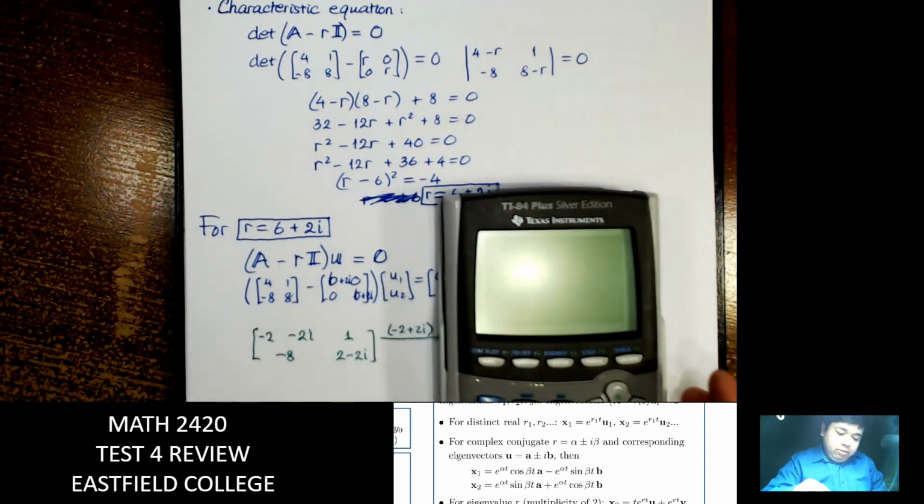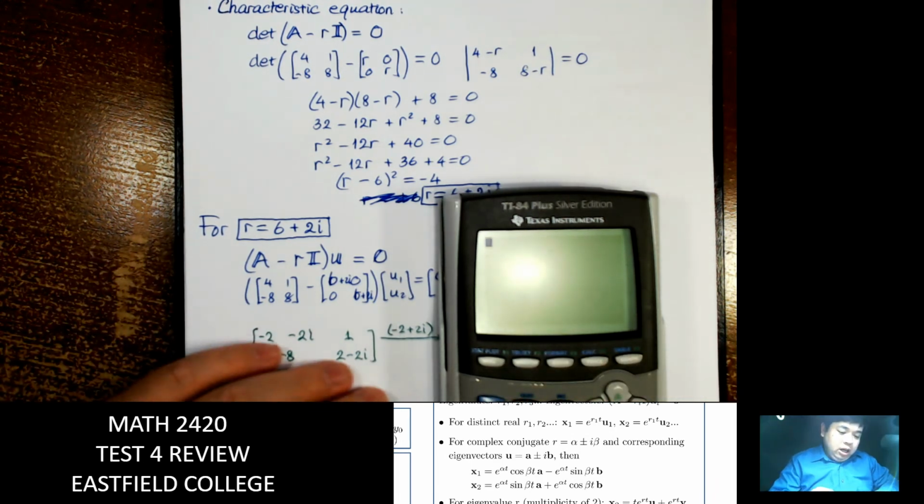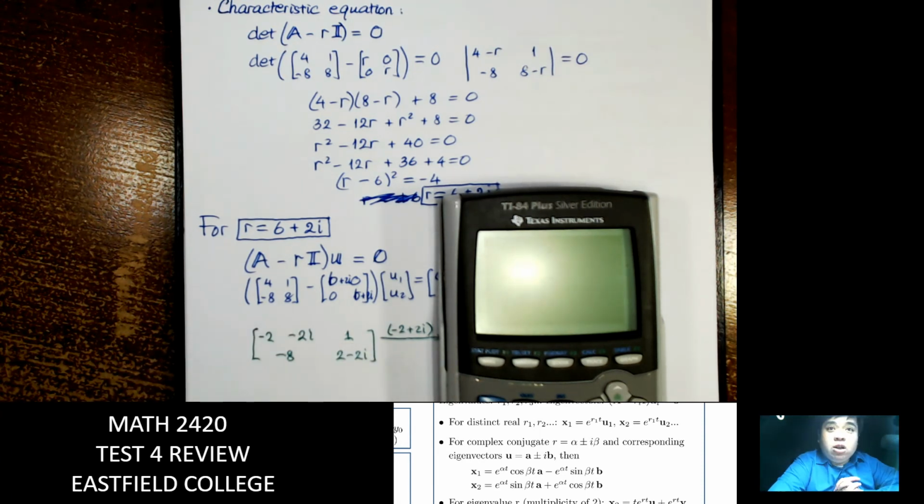If we do that, put the calculator in the matrix mode, the complex, because the reduced row echelon form doesn't work with the complex number, so we have to do that by hand.